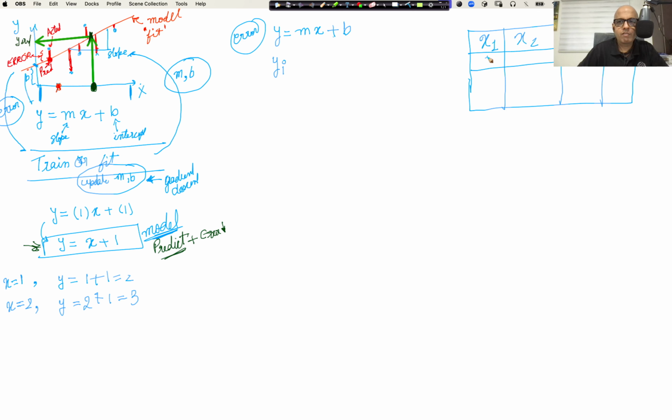So let's say here we have 1, 2, 3, and maybe the y value is 0.1. So this is going to be one data point. Likewise, we would have another data point here, and for this, let's say the values are as we see here. So this is going to be our second data point.